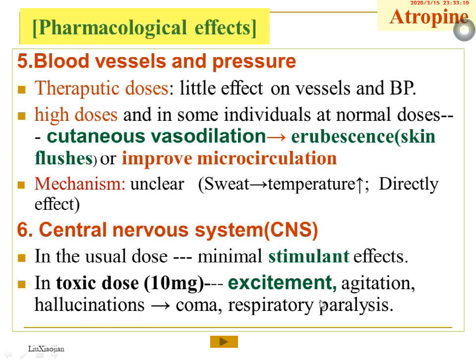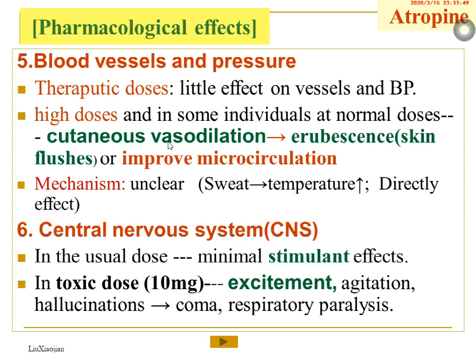Understand? These are the common symptoms of stimulant effects on the central nervous system. But with the dose further increased, or because of the overexcited response of the central nervous system, it will finally convert into depression. So the patients will exhibit coma, even respiratory paralysis. Yeah, these are the pharmacological effects of atropine.